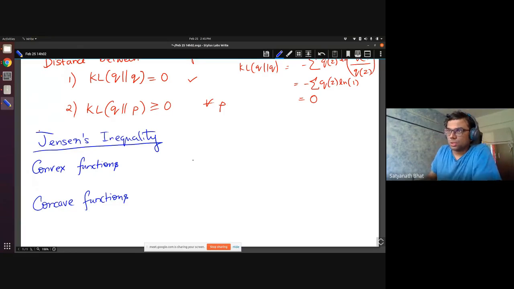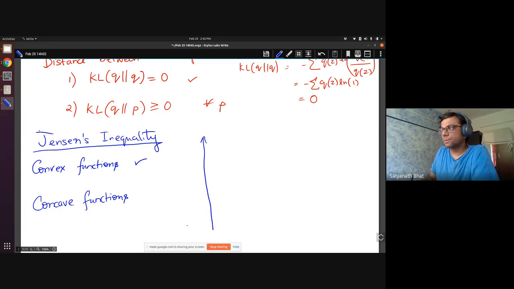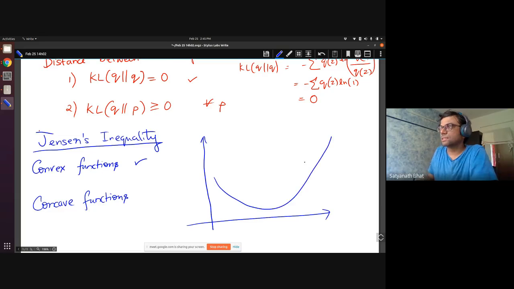Let's try to understand what are convex functions. Convex functions are functions which have a shape like this. This is not a very mathematical way to tell anything. So this is a function f of x.